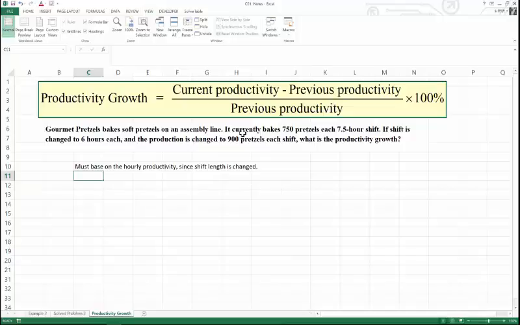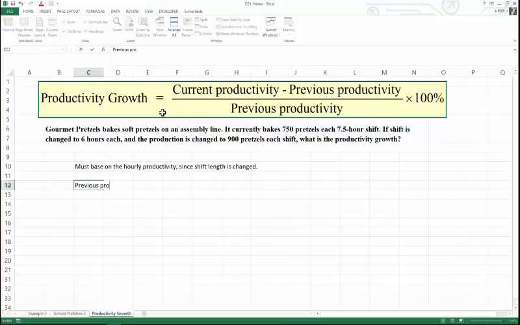In this case, the future one, the 6 hour shift production, is behind. So the current setting is used to calculate the previous productivity, while the future setting is used to calculate the current productivity.